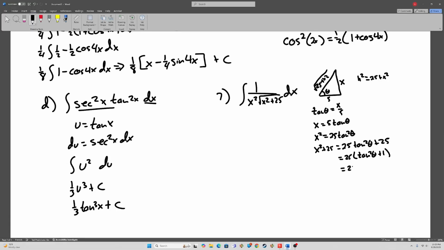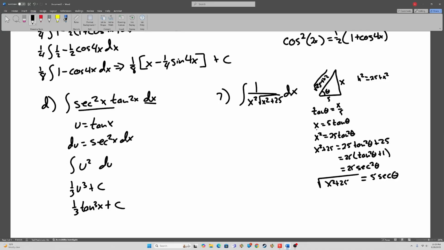But tangent squared theta plus 1 is the same as secant squared theta. So the square root of x squared plus 25, if we square root both sides, is equal to 5 secant theta. So that gives us an opportunity to replace that square root of x squared plus 25.